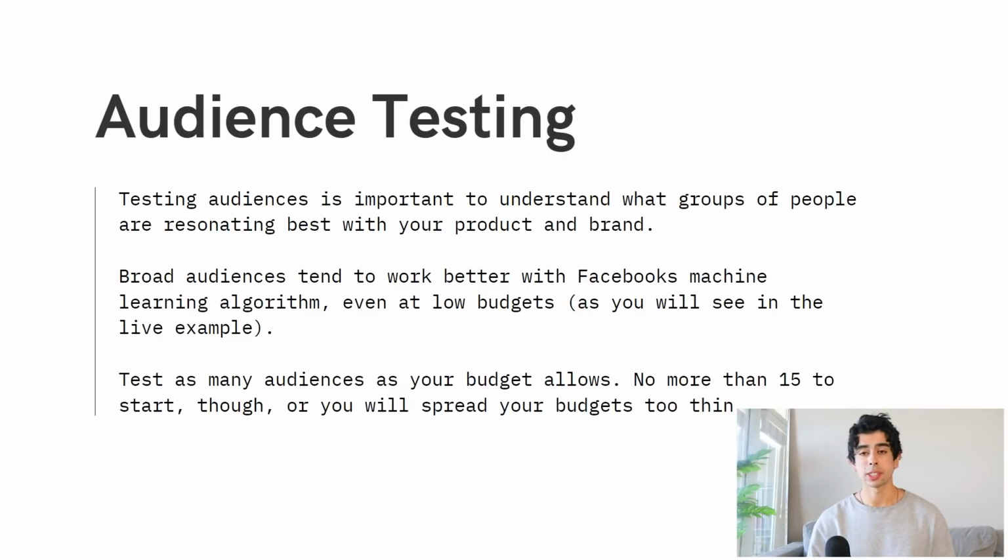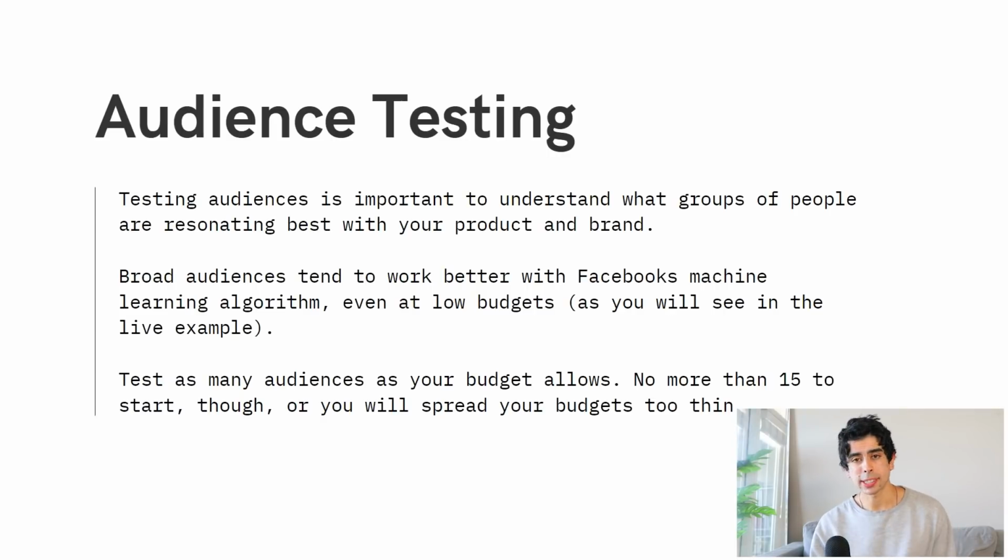Now, testing audiences is super important to understand what groups of people are resonating best with your product and brand. And I will say that broad audiences tend to work better with Facebook's machine learning algorithm, even at low budgets. So Facebook is pretty insanely powerful. Even with their iOS 14 rollout, they're still top dogs in the ad game. And once you see the example that I'm going to show you, you'll see what I mean by broad audiences working better.